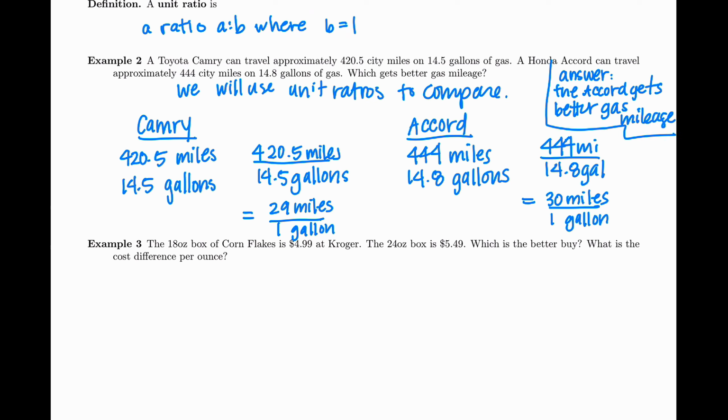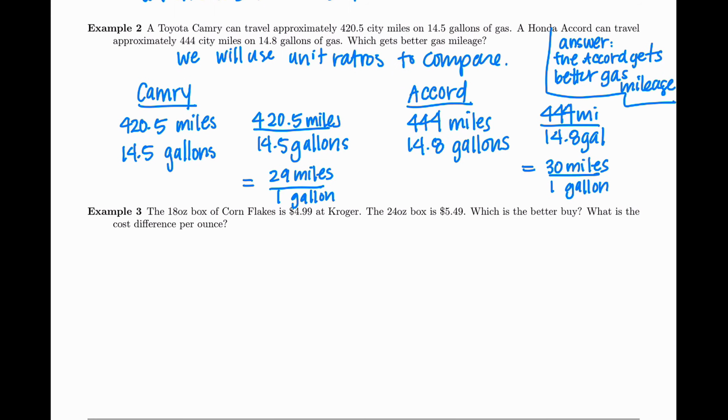All right, let's look at another situation where unit prices are helpful for us. If you're at the grocery store and you are looking at cornflakes, maybe that's the cereal you want this week, you can compare because there are multiple size boxes. Here we see the 18-ounce box, you will pay $4.99 for it, and the 24-ounce box, you would pay $5.49. So which one would be the better buy, and what is the cost difference? Let's compare each of these using a unit ratio.